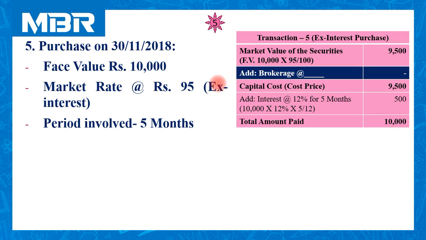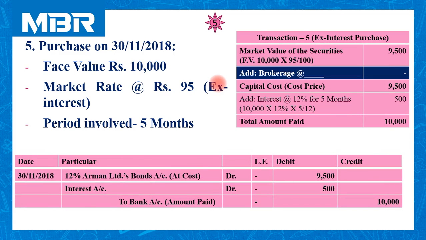So we need to calculate interest at the rate of 12% for the period of 5 months on face value rupees 10,000. So the amount of interest comes to rupees 500.